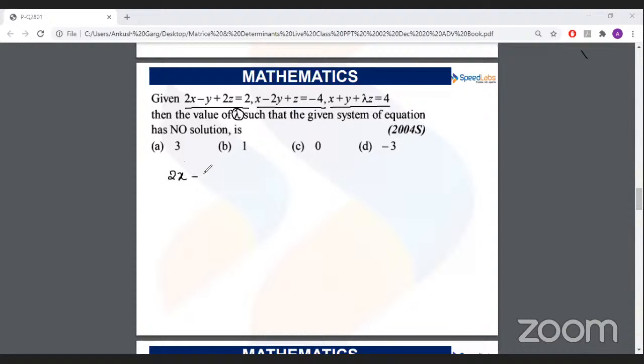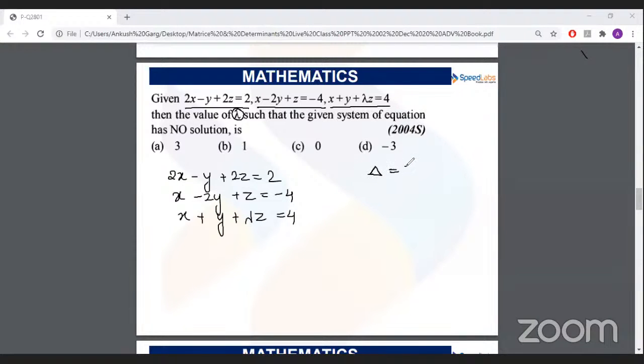Yes, so let's write down first. So here the equations are non-homogeneous. So these are the three non-homogeneous linear equations, right? And we want the value of lambda such that it will have no solution. So for no solution, what is the condition?